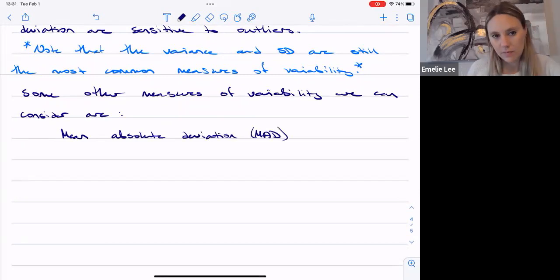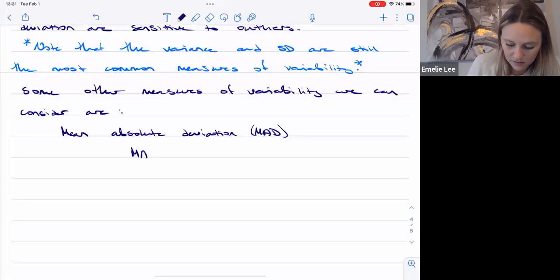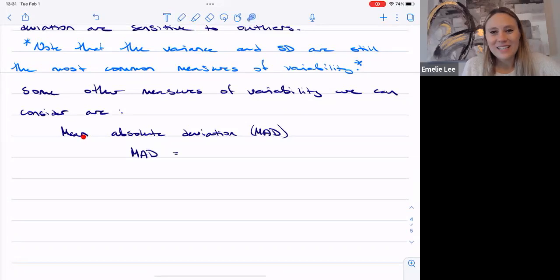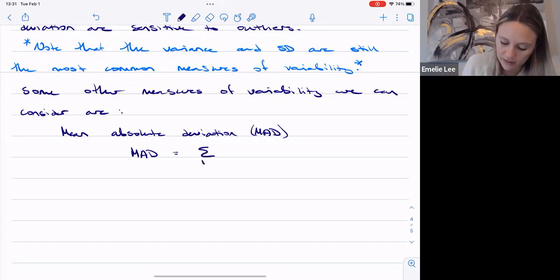Okay. Now the MAD takes into account the distance from the mean, but then instead of squaring those deviations, right, those distances from the mean, we take the absolute value instead. So what that formula ends up looking like is very similar to the variance.